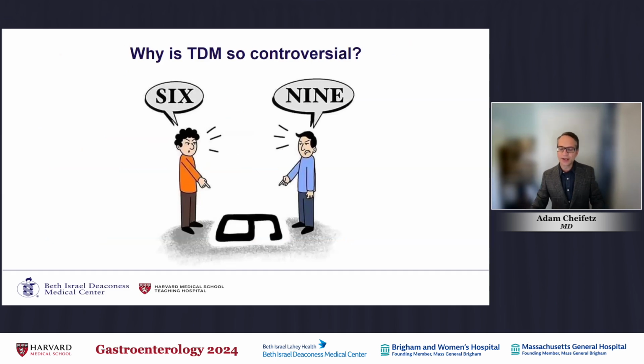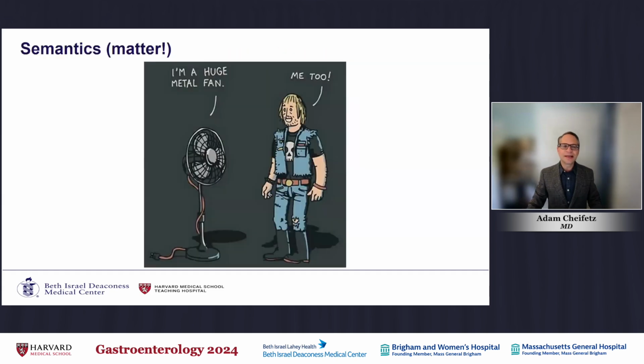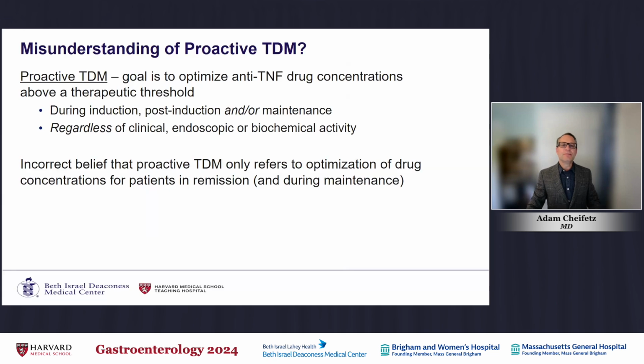So again, I'll ask you, why is TDM so controversial? I really think it comes down to semantics, and this really came to me probably within the last year. I think there's been a misunderstanding of proactive therapeutic drug monitoring. As I mentioned, the goal of proactive TDM is to optimize anti-TNF drug concentrations above a threshold.